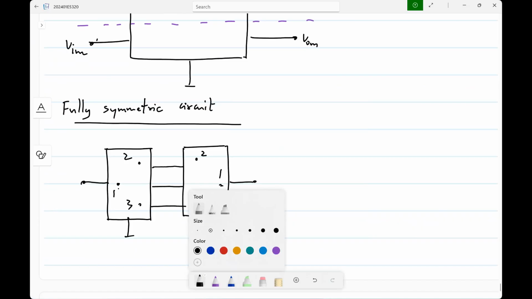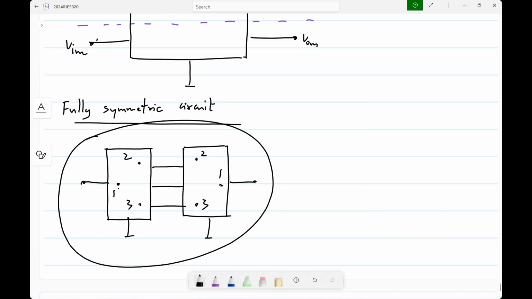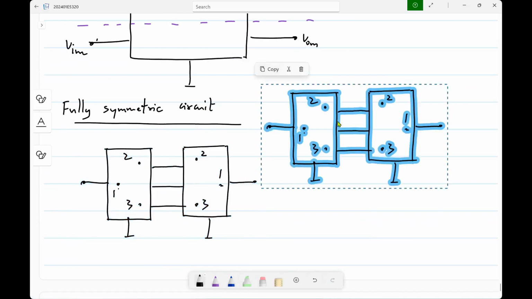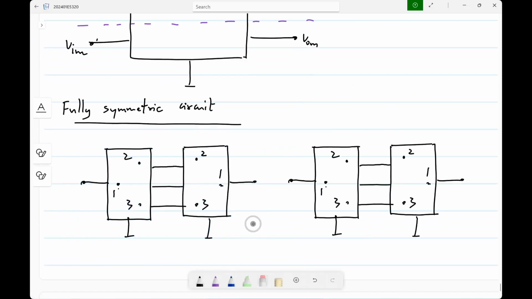Now, in general, you can put any voltage there and any other voltage there, but we will assume voltages of this form. Fully differential, or let me just call that. This I have mentioned before also, because our interest is in differential signaling.